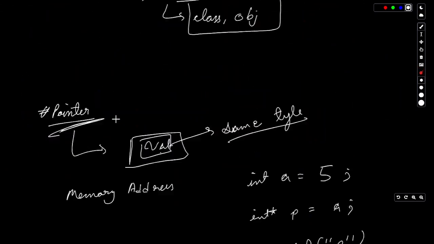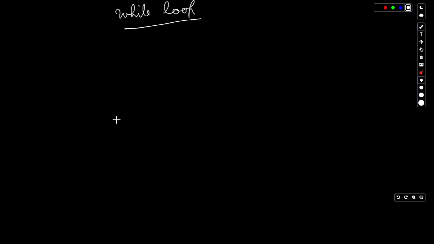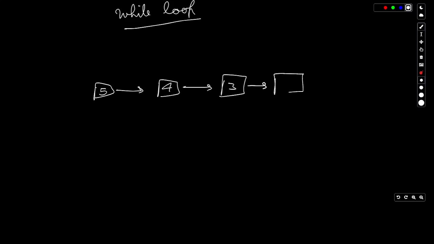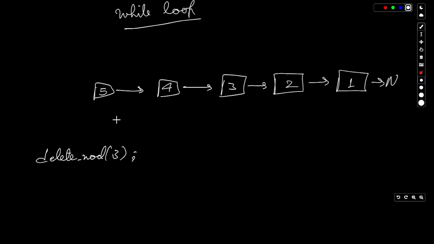Let's say you are given a linked list like this: 5, 4, 3, 2, 1. And we want to delete a node whose value is 3. So, delete the node whose value is 3.